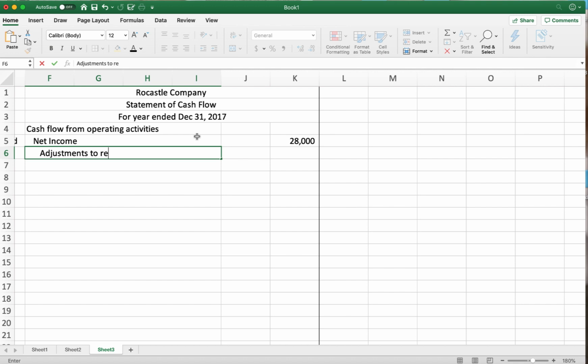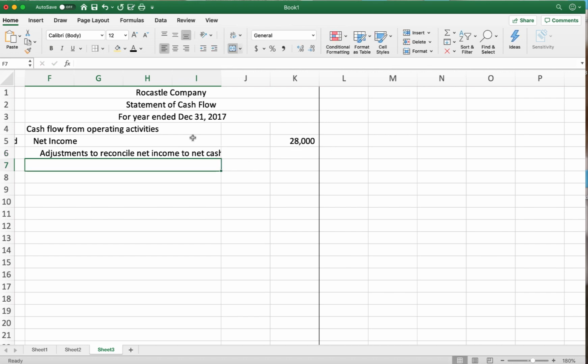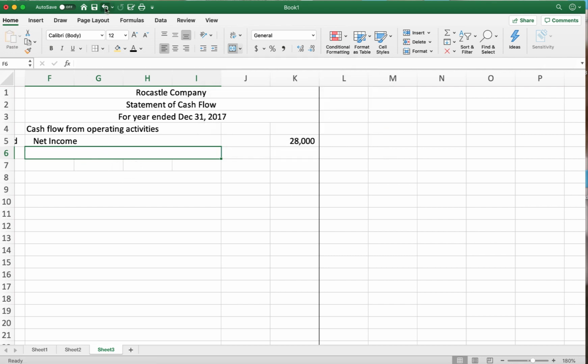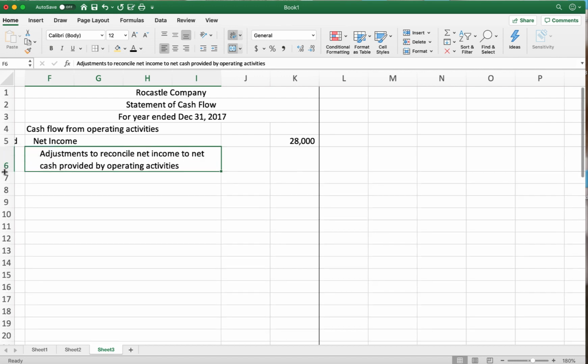Adjustments to reconcile net income to net cash provided by operating activities. Okay, and I'm going to wrap this text down a little bit. There we go.